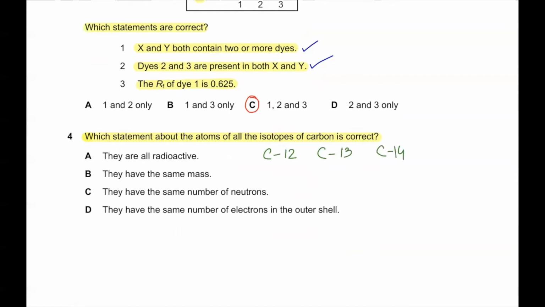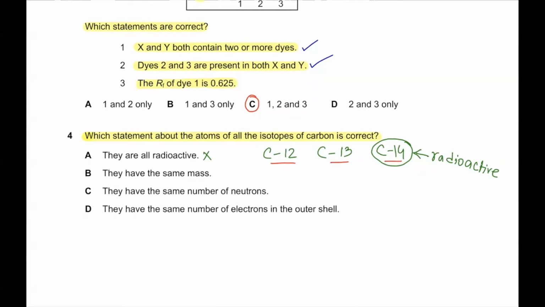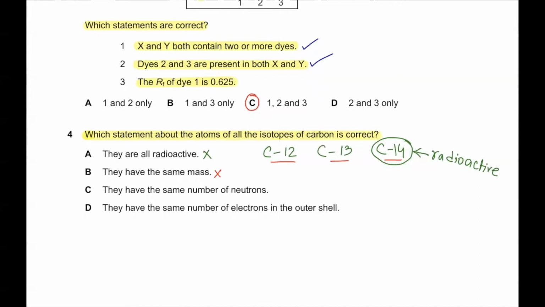Out of that, only carbon 14 is radioactive, so this will not be correct. They have the same mass. C12 has a mass of 12, C13 has a mass of 13, C14 has a mass of 14. So no, they don't have the same mass.